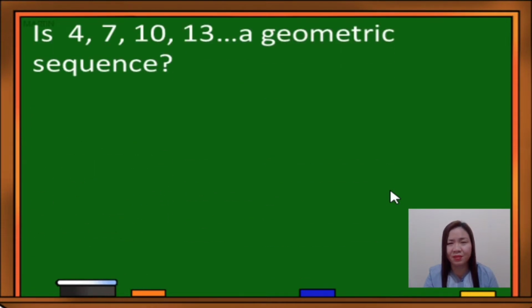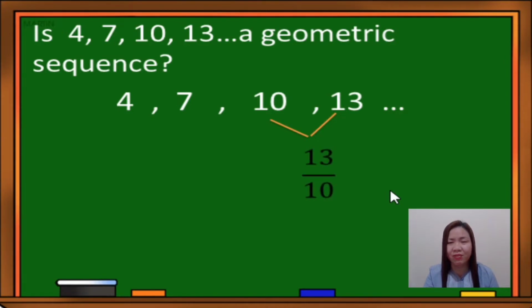Another one, class. What if we have 4, 7, 10, 13? Is it a geometric sequence? We write 13 over 10, because if we divide 13 by 10, the quotient is not exact.